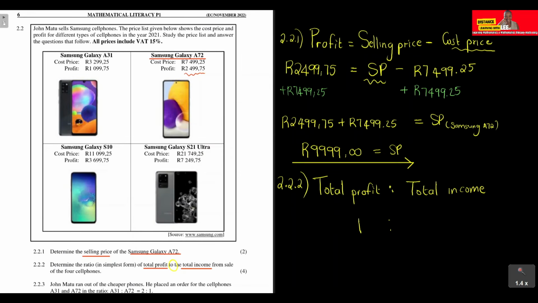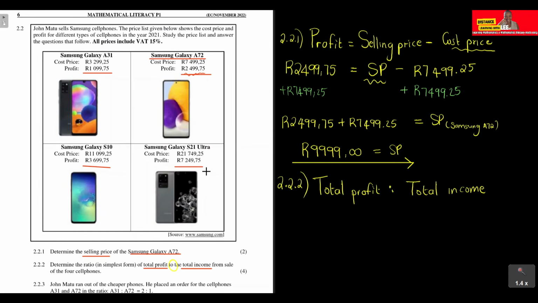Let's start off by calculating the total profit. How do we calculate the total profit of the 4 cell phones that he sells? You're going to add up all the profits that are given: 1,099 rand and 75 cents plus 2,499 rand and 75 cents plus 3,699 rand and 75 cents plus the profit of 7,249 rand and 75 cents.